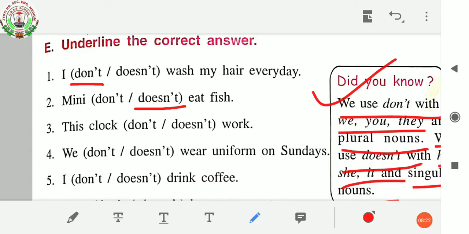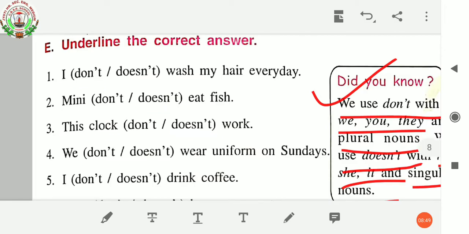The clock is in singular form, so we have to use doesn't. Fourth, we don't or doesn't wear uniform on Sundays. So we is in plural form. So with we, we have to use don't. We don't wear uniform on Sundays.